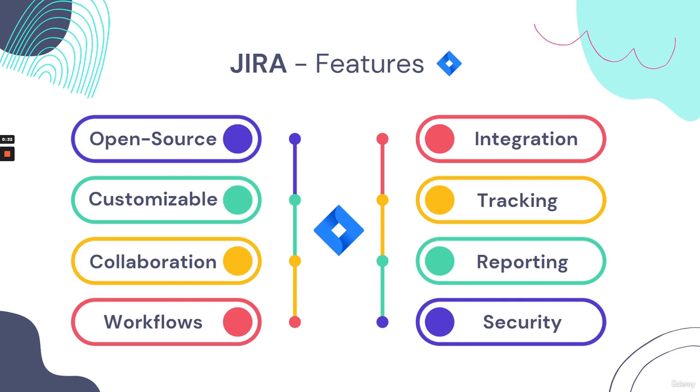JIRA is also highly customizable, allowing you to create your own workflows and address unique needs for your business or project. JIRA has a lot of built-in functions that allow for easy and user-friendly collaboration amongst team members as well as stakeholders.